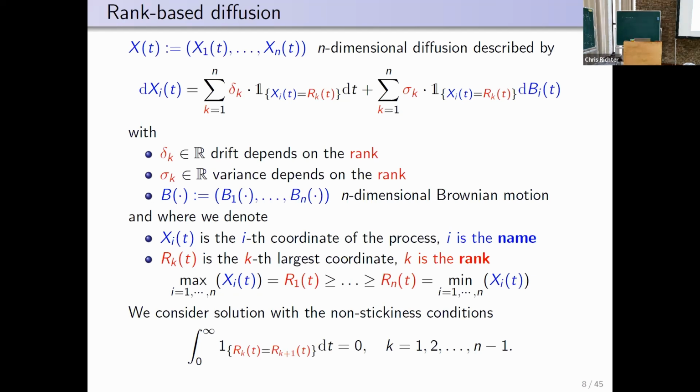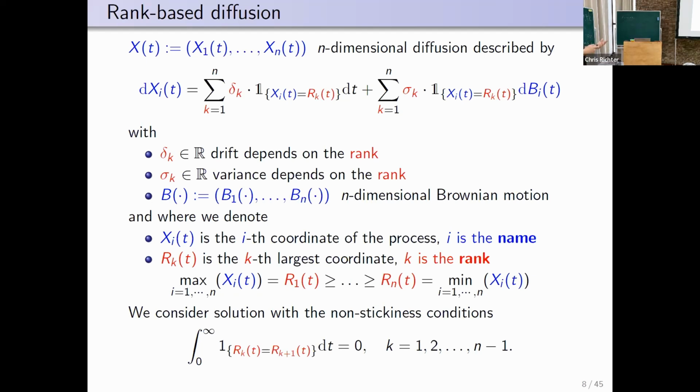In blue, there is a color code, if you have understood. In blue, it's what I call the process by name. So i is the name of the particle. And in red is the process by rank. k is the rank of the particle. And so R1, ..., Rn is the ranked process. So R1 is the highest particle, and Rn is the lowest particle.